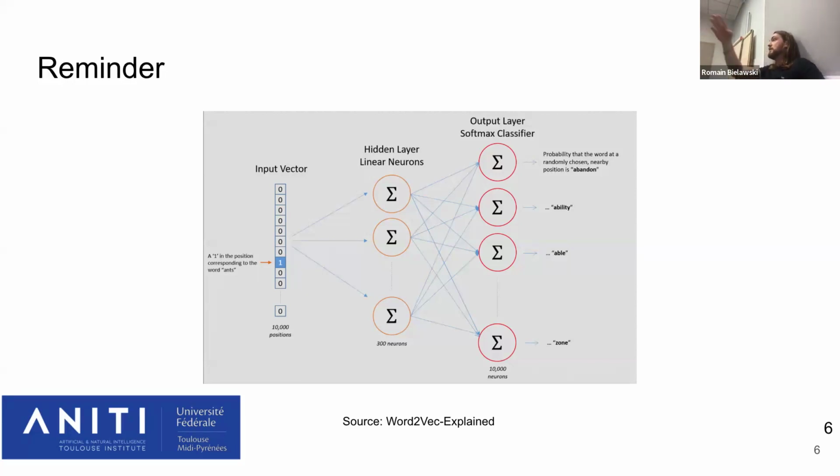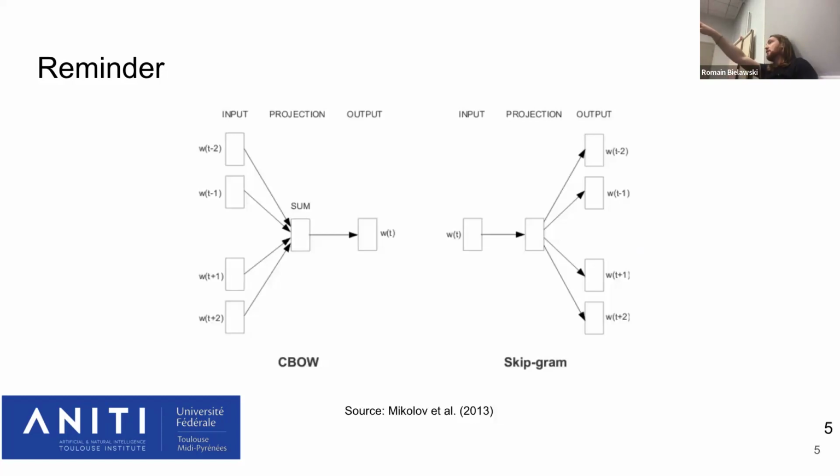So what you do is you input the vector for your word to the network, and it's going to create with the neurons a 300 dimension vector for this input vector. So it reduces the dimension. And then, so let's say you have a CBOW. You do that for the 4 words in your sentence.